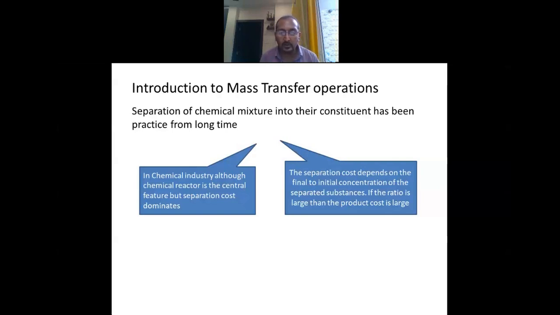So the cost of separation is very large in case of uranium. So the separation cost depends on the final to initial concentration of the separated substance. Sulfur is found in a relatively pure state, so the cost is less. Uranium is found in very low concentration, so its cost is very high.